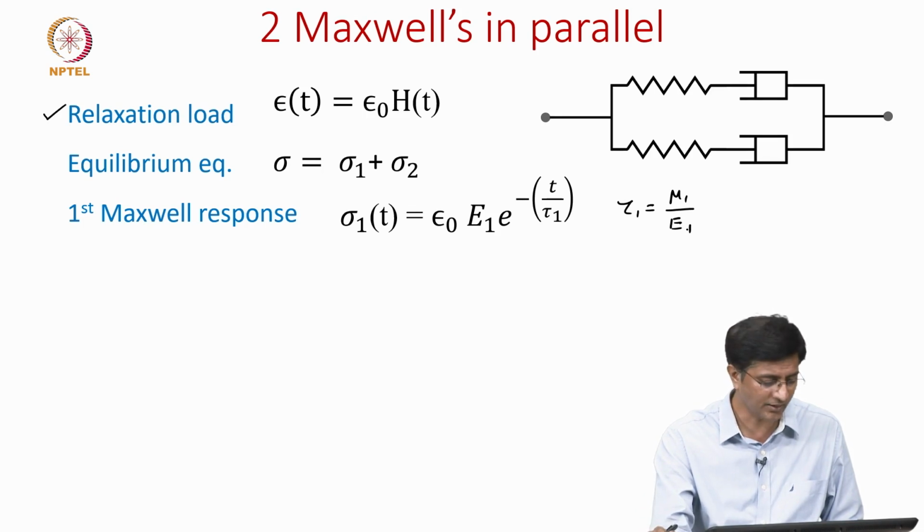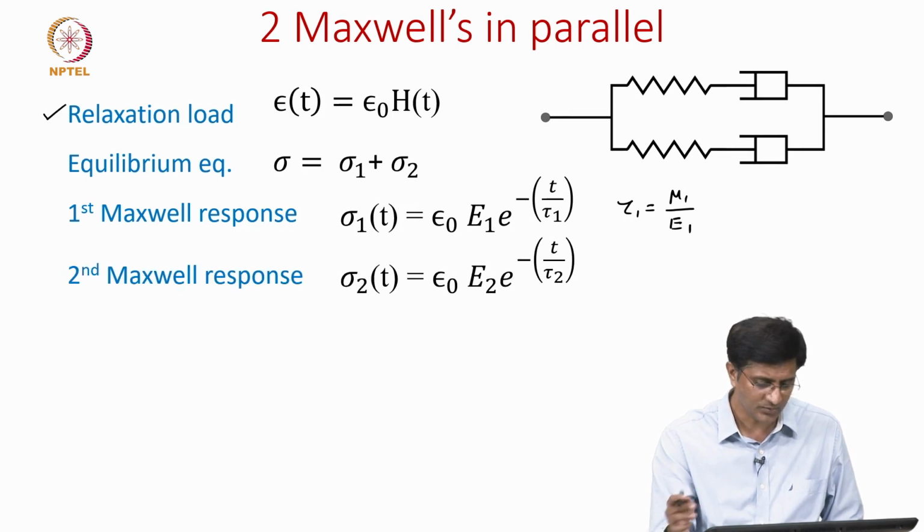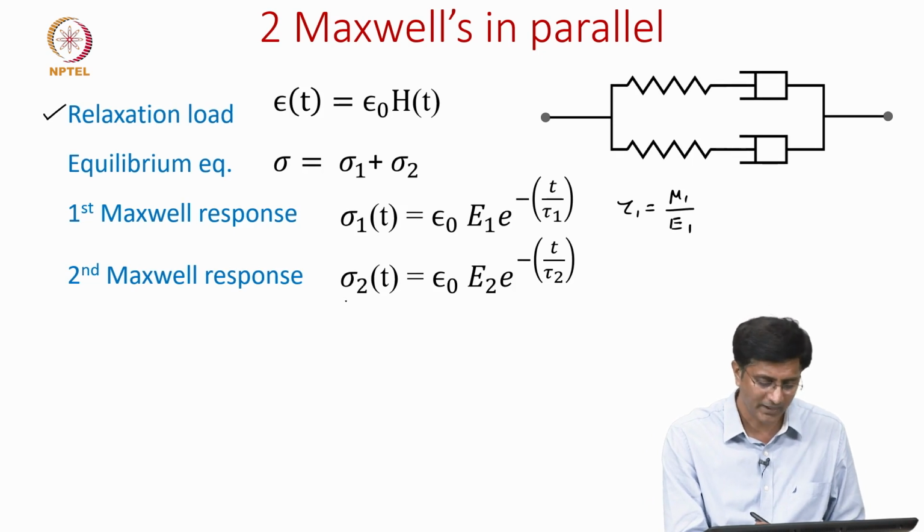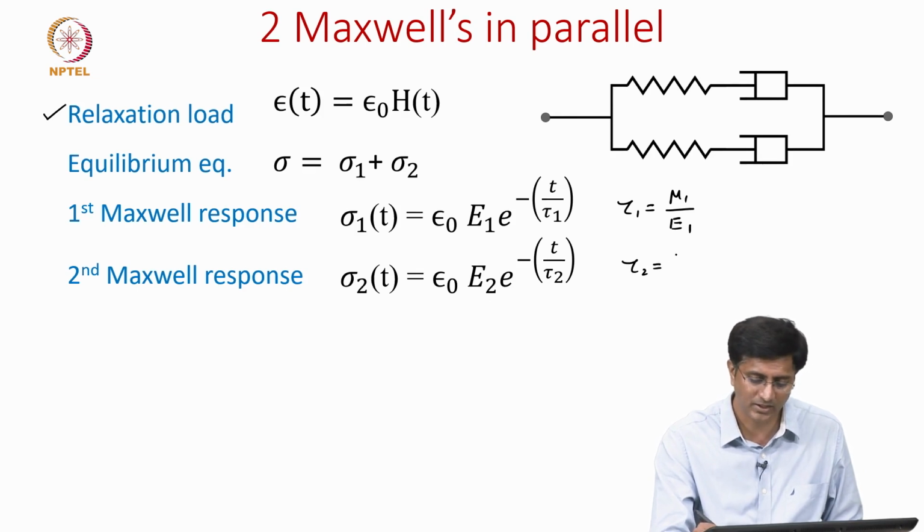Similarly, for the second Maxwell, the response is given in terms of sigma 2, the stress in the second Maxwell, in terms of E2 and tau 2, where again tau 2 is the relaxation time for the second Maxwell given by mu 2 by E2.